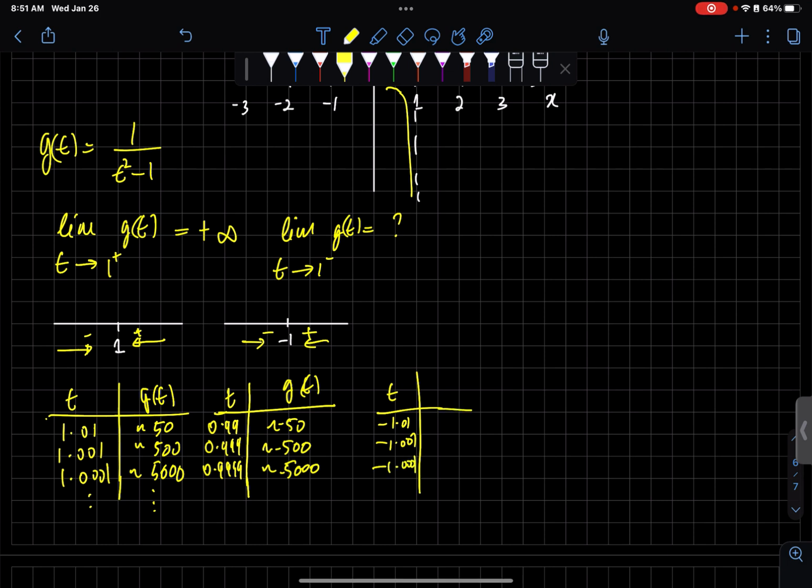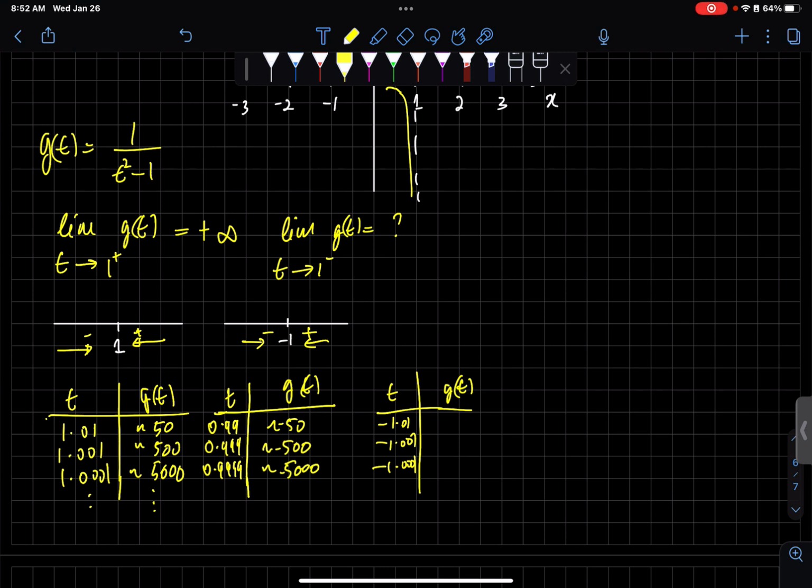We're approaching from the left here, whereas this is approaching from the right, because as you move to the left on the number line in the negative direction, the numbers get bigger and bigger in magnitude.